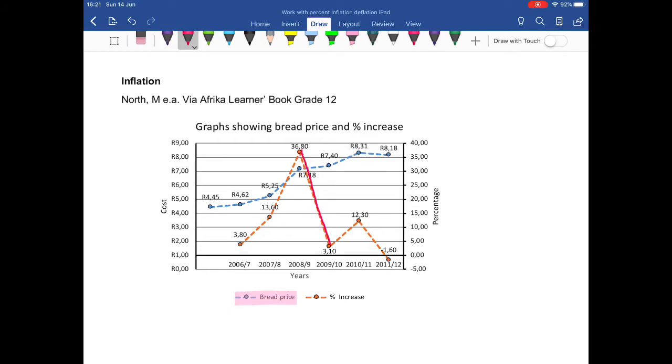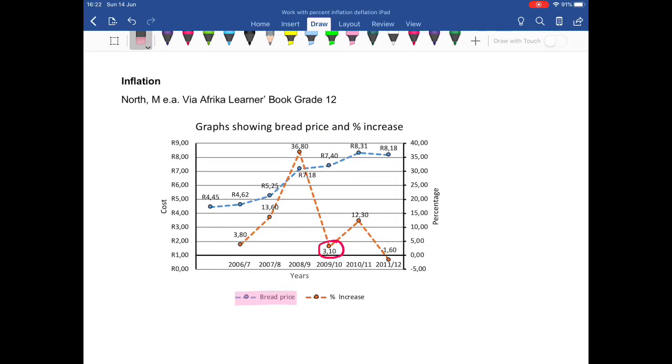This went from 36.80% to 3.10%. And that showed us that it was this increase in price, which was R7.18 to R7.40. All this means is that from that year to that year, the percentage increase was very small.